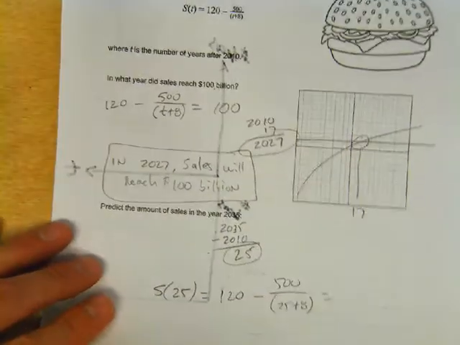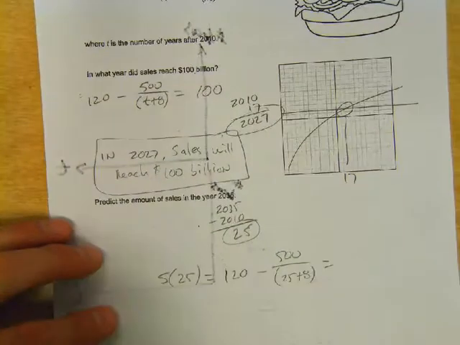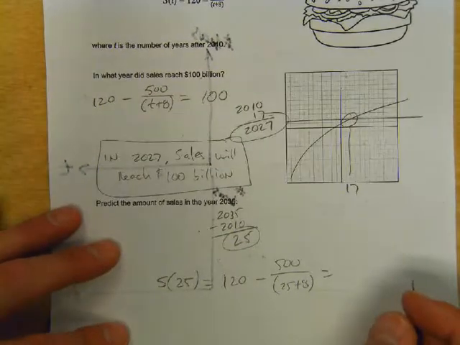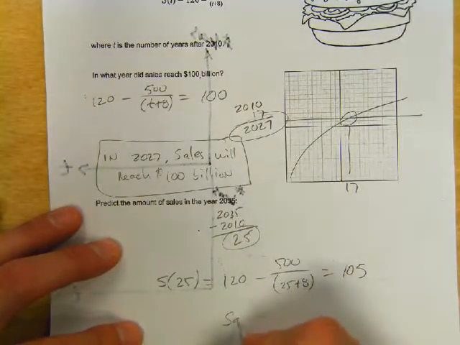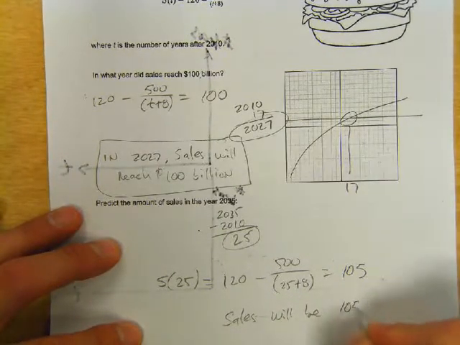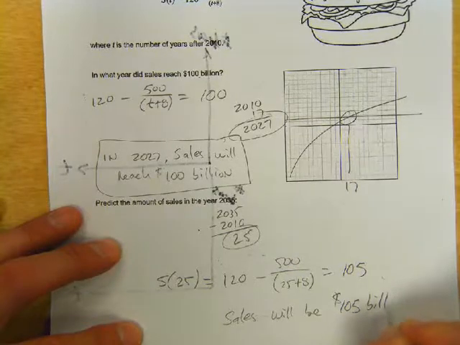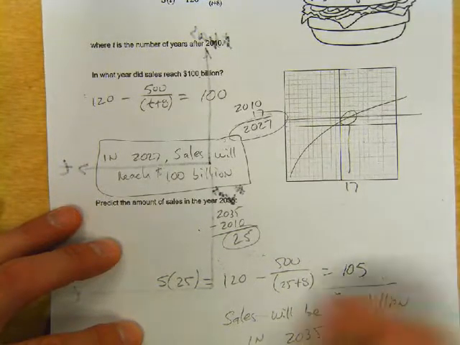And if you do that in your calculator, it should be 105. So we could say sales will be 105 billion in 2035.